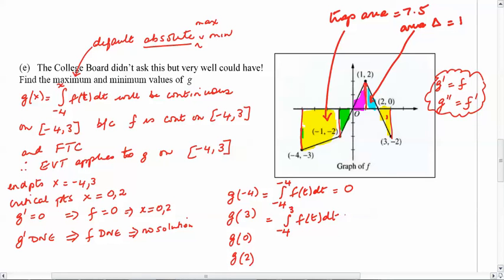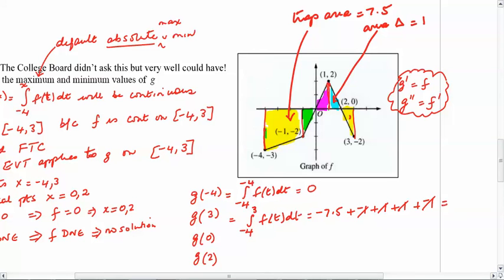So that's going to be equal to -7.5 from the trapezoid, plus a -1 from the green triangle, a +1 from the pink triangle, +1 from the turquoise triangle, and then again we're below the x-axis, and all those ones are going to cancel out. And so that integral is going to be equal to -7.5.